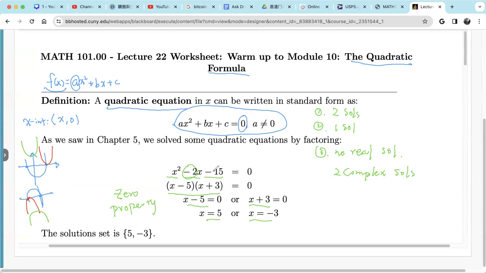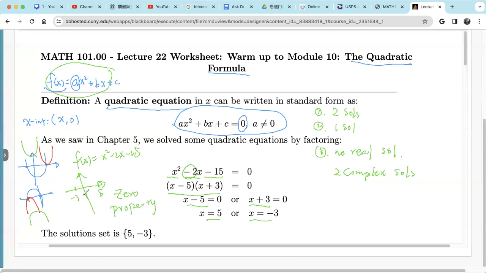That means if we talk about the function, we could talk about the function f of x equals x squared minus 2x minus 15. And then if we want to graph it, we will have two x-intercepts. One is 5. Let's see, this is 5.